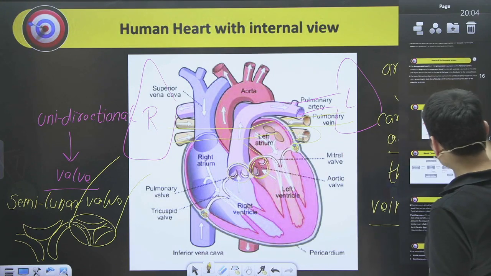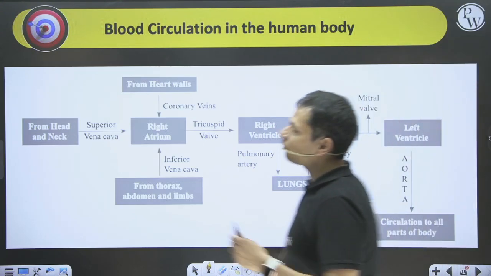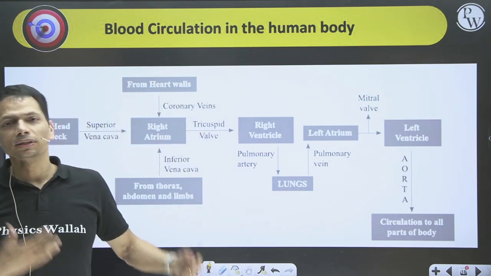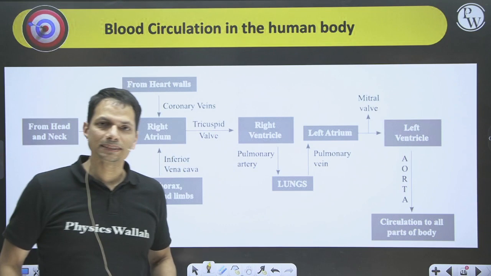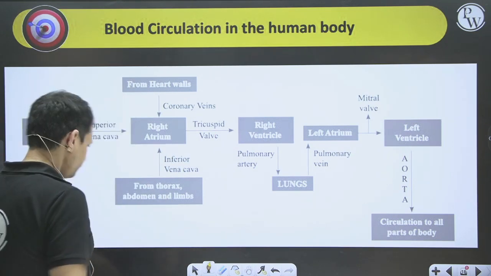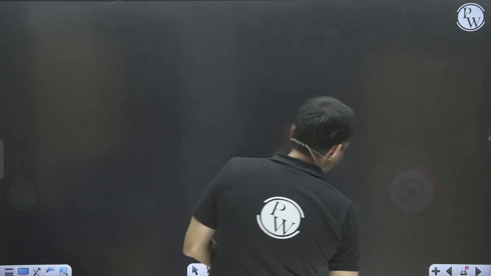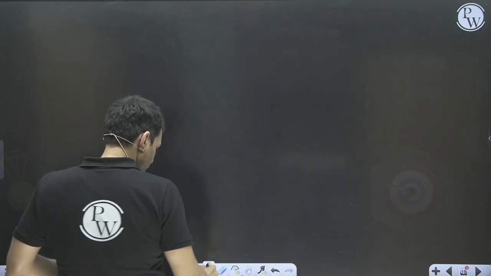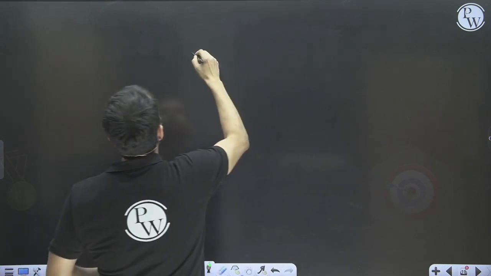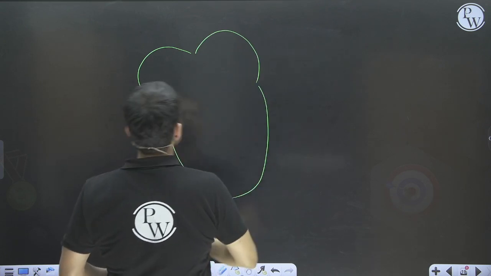Now, we will learn a little bit of the circulation, of how the whole cardiac cycle takes place, or how the flow of the blood takes place in the human heart. So now, if I draw this, you see this is the human heart, right?